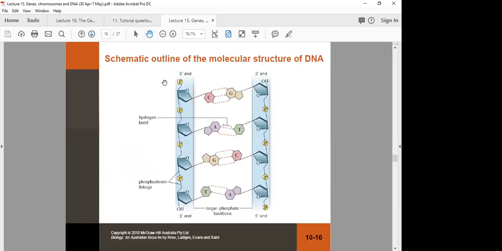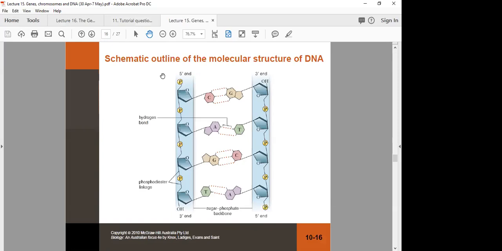All right, so let's review our molecular structure of DNA. And I think this is a very nice image here. Clearly shows those two strands of DNA. And remember, those two strands together constitute a molecule of DNA.